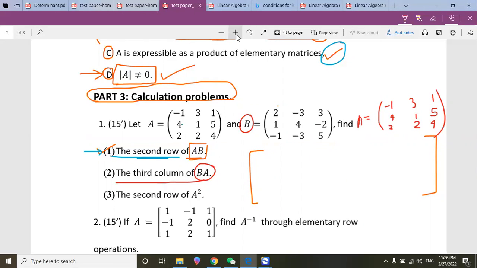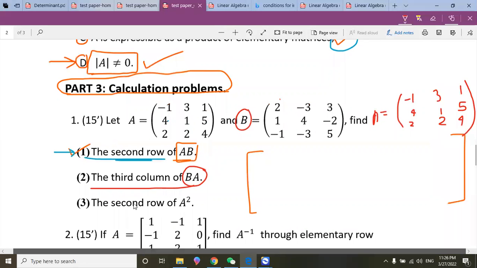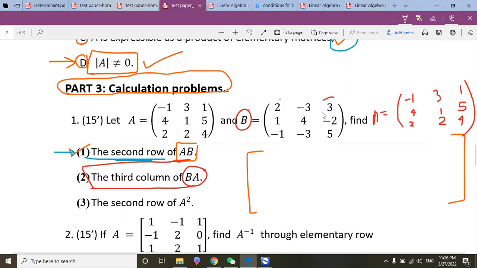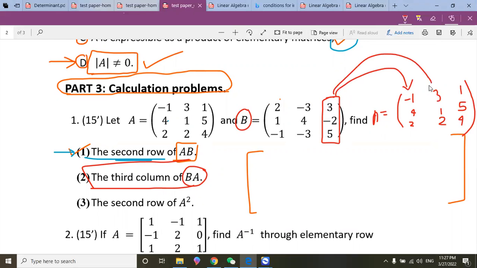Now let's see how we can calculate B and A. The third column of BA will be here, right? We need to multiply them with the first column, the second column, and also the third column, right?